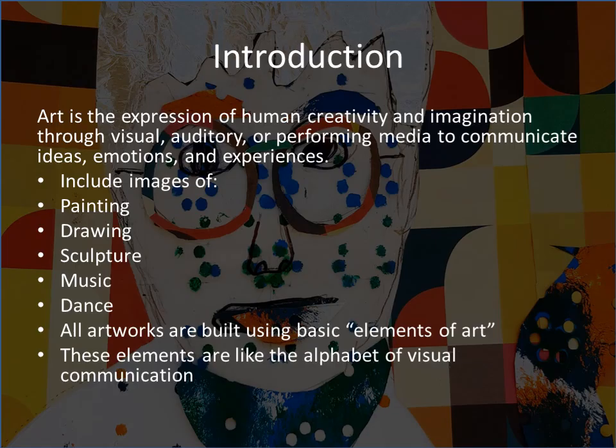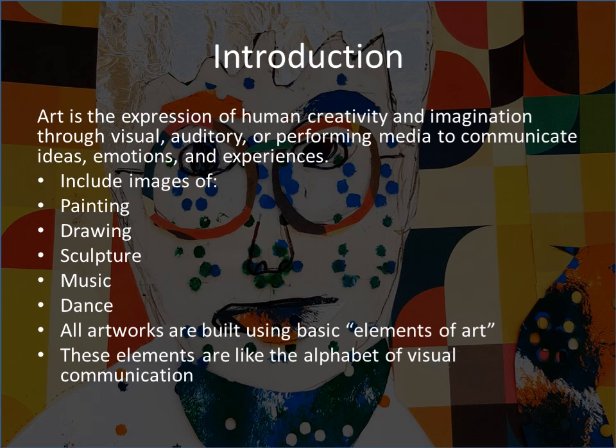So, what is art? Art is the expression of human creativity and imagination through visual, auditory, or performing media to communicate ideas, emotions, or experiences. Art is like a language. It's how you express yourself through communication, emotions, experiences, and visuals.